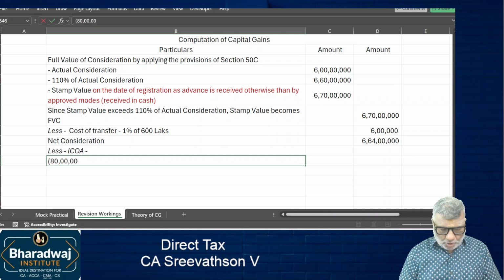80 lakhs cost of land plus 8 lakhs registration.